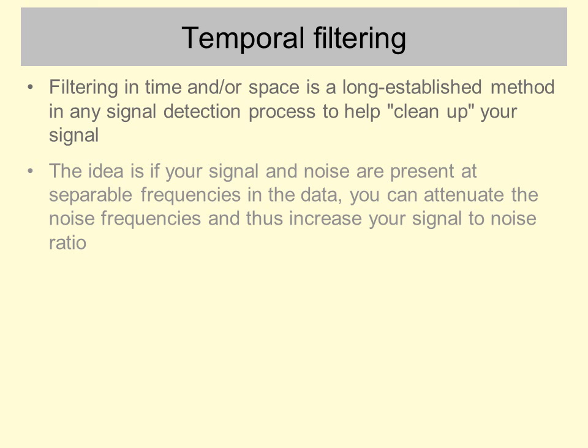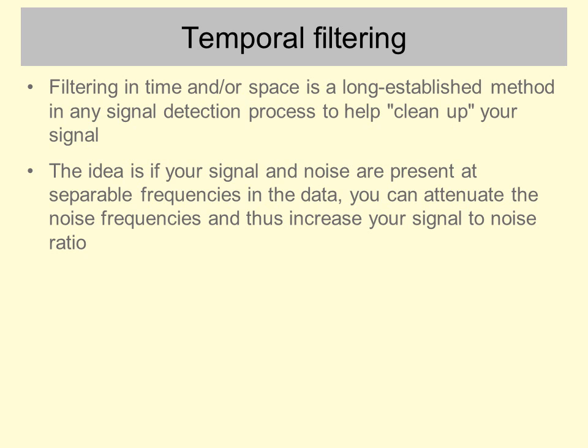So the idea is that the signal and the noise, that is the signal of no interest, which is in effect random or at least not systematic with respect to our design, are present at separate frequencies in the data.